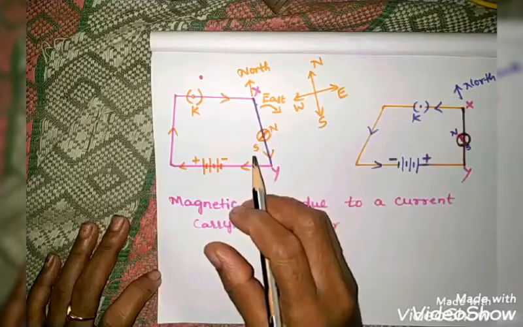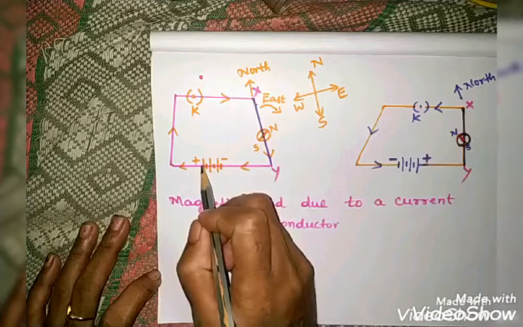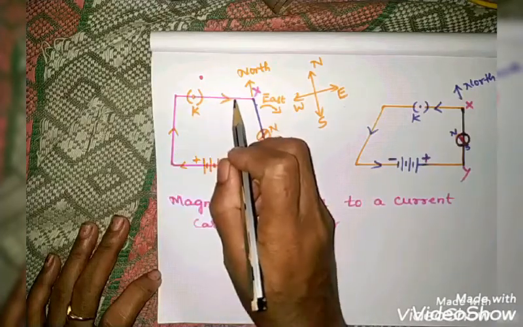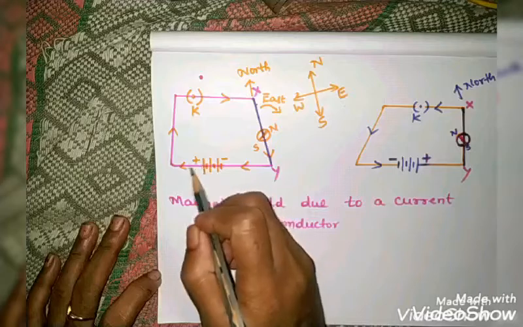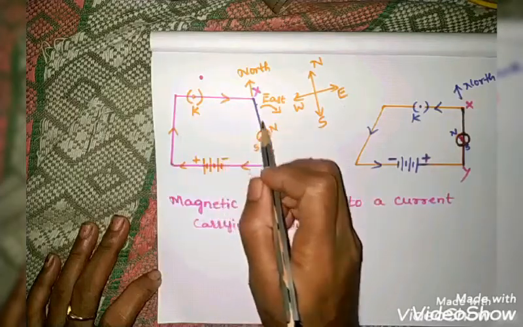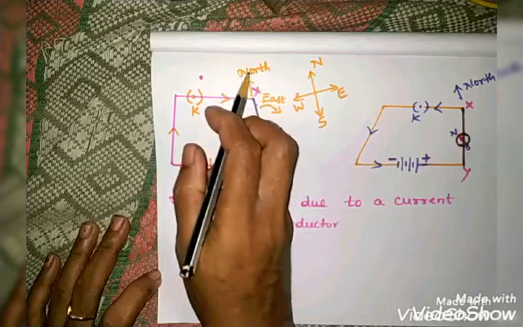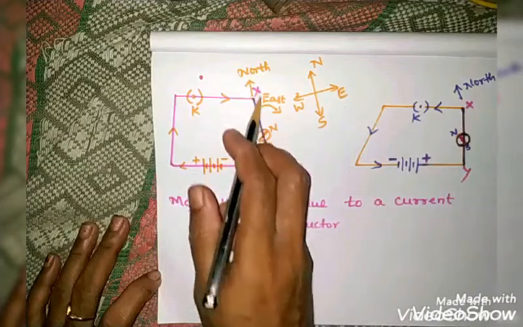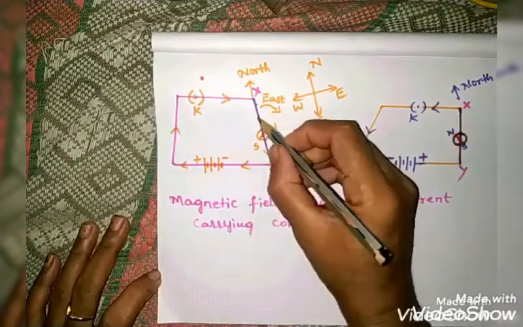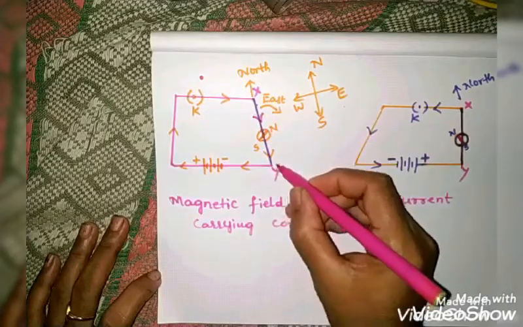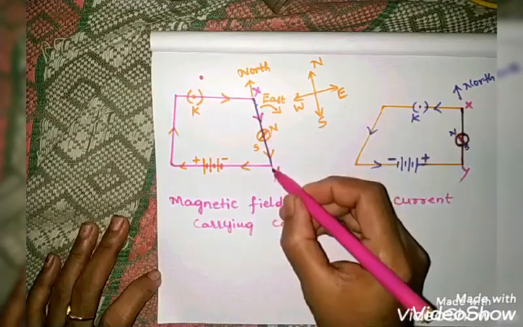Here you can observe, children, from positive terminal to negative terminal, the current started flowing. Isn't it? Positive to negative, when it flows, what is the direction of the current? From north to south, children. Observe here, the current is flowing from north to south direction through the copper wire.